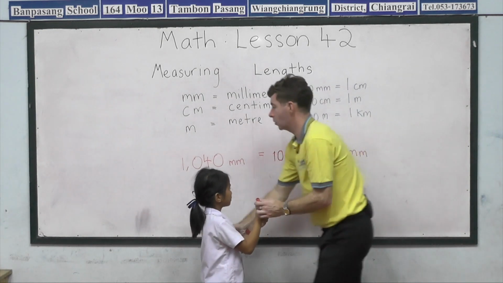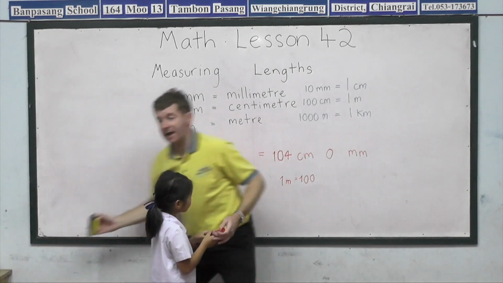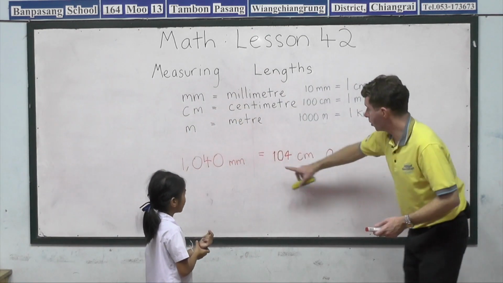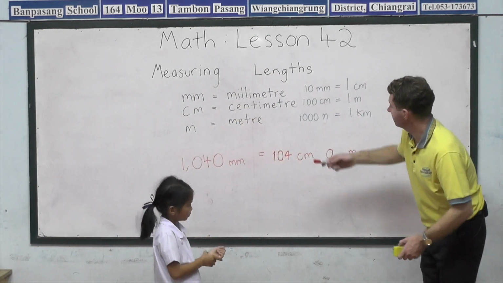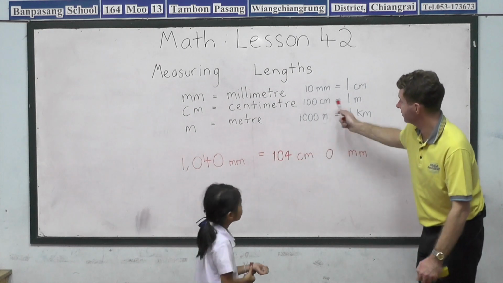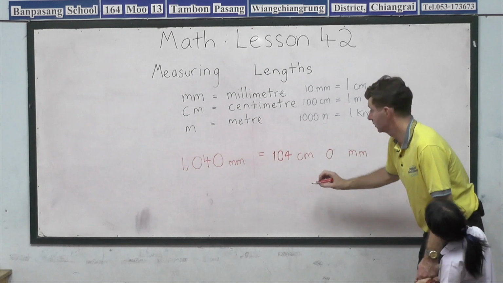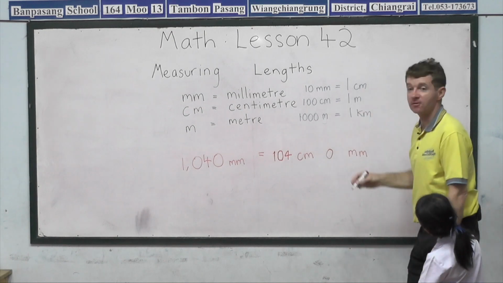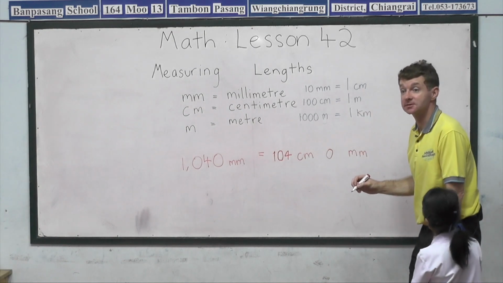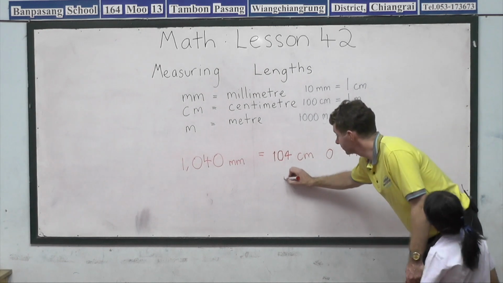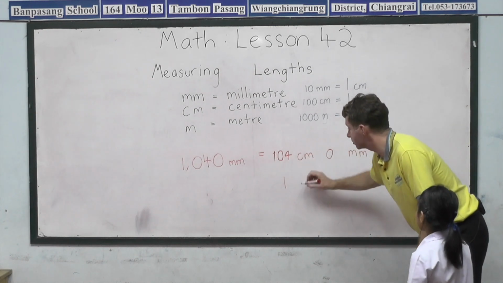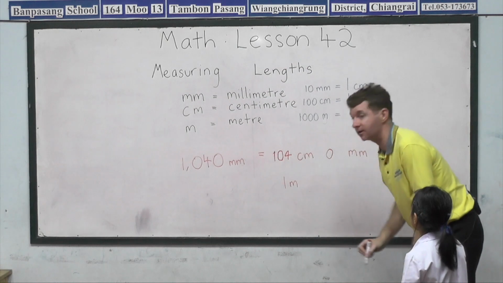Teacher Wes will do, we have 104 centimeters. How many centimeters is 1 meter? 100. 100 centimeters is how many meters? 1 meter. So we can say 104 centimeters is 1 meter.